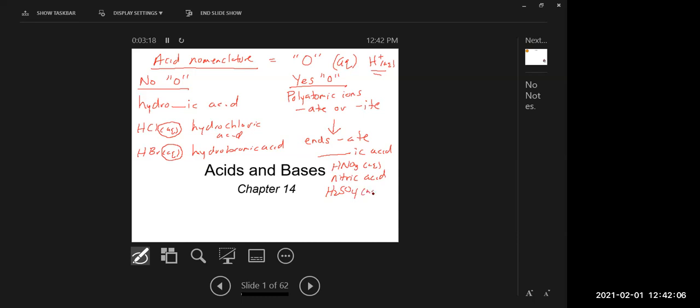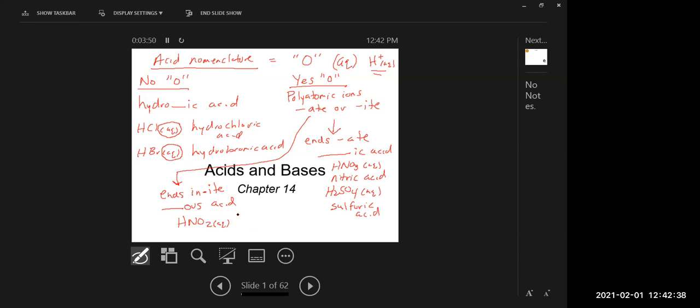H2SO4. SO4 is SO4 2 minus, which is sulfate. This is sulfuric acid. If your polyatomic ion ends in ite, I-T-E, it is something-ous acid, like HNO2.